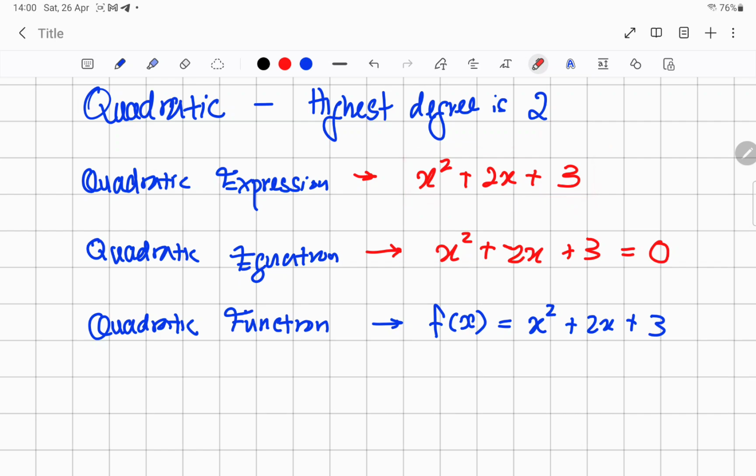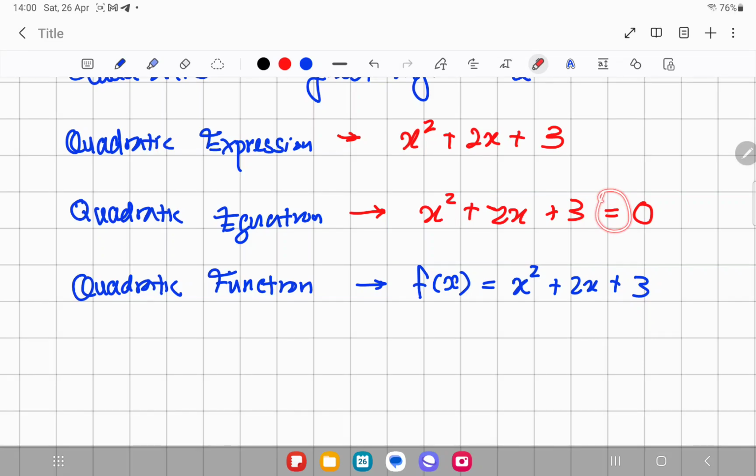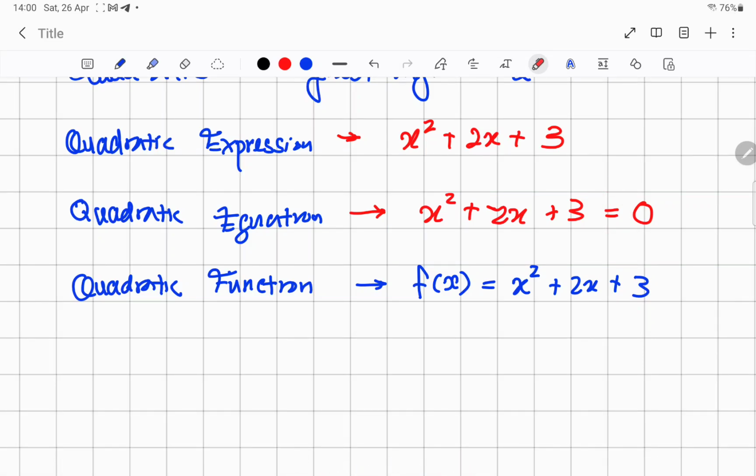But quadratic equation, the word tells you equation, equal, you must have the equal sign, and it equals to a number, for example 0. It also can equal 1, 2, or even 3, anything, as long as it's equal to a number. Quadratic equation.